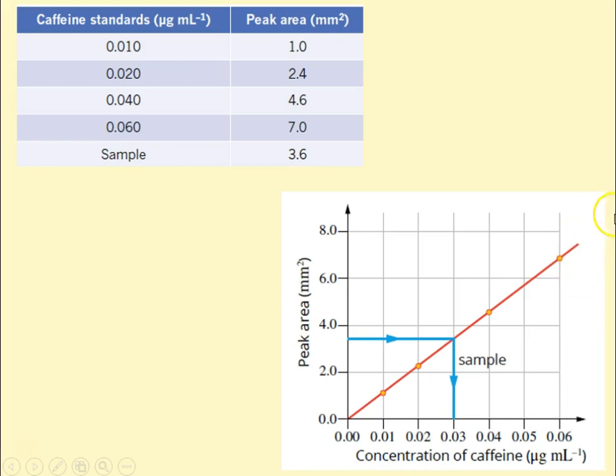And you can't make a graph longer because this graph might not be linear up here. So it might bend. So you can only use the graph between the highest and lowest point of standards that you've measured. So if it's too concentrated, if the peak was up here, it would mean it's too concentrated, so you dilute it to bring it within the range of the graph.